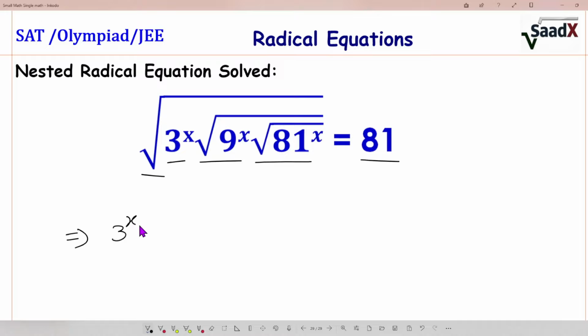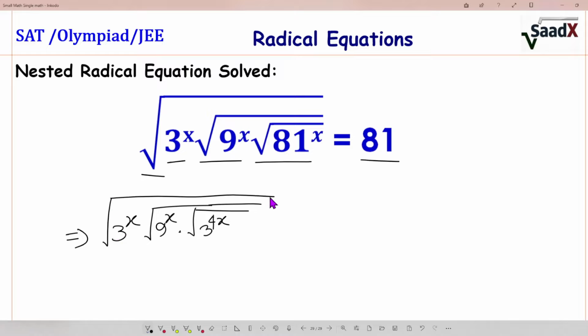3 to the power x times root of 9 to the power x times root of this 81. We can write 81 as 3 to the power 4, so 3 to the power 4x, and over all the root, this 81 we can write as 3 to the power 4.